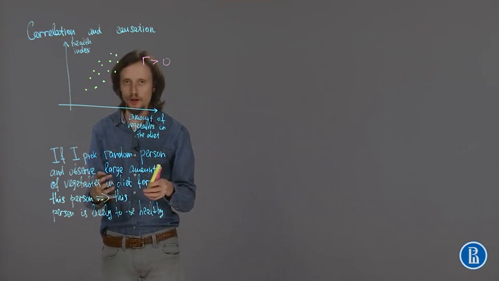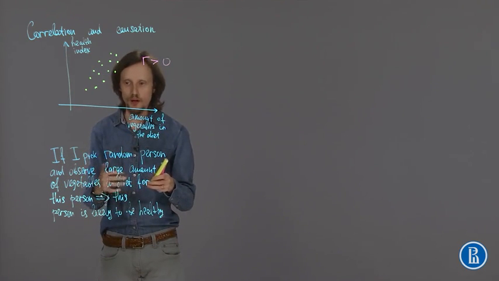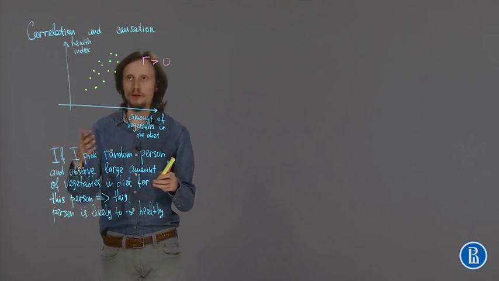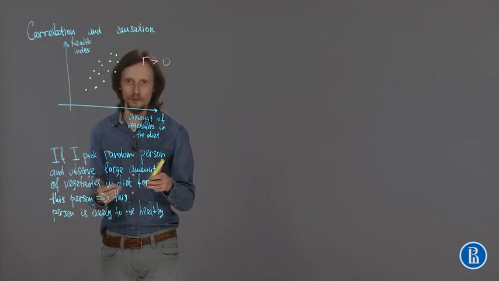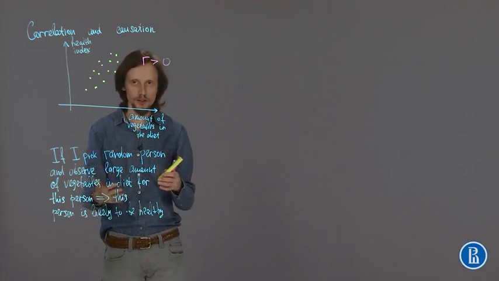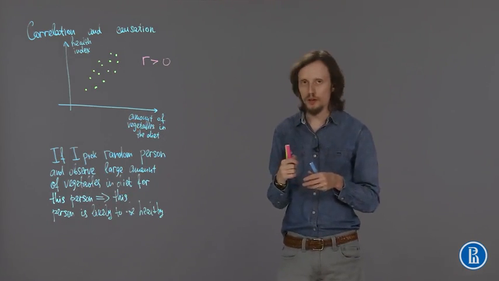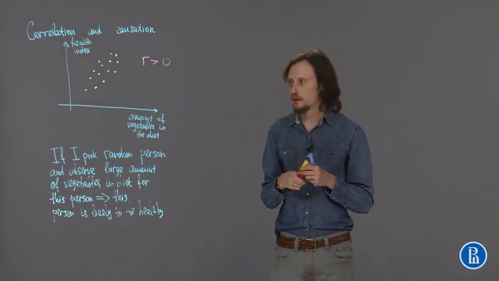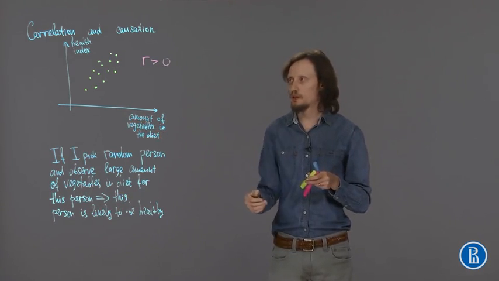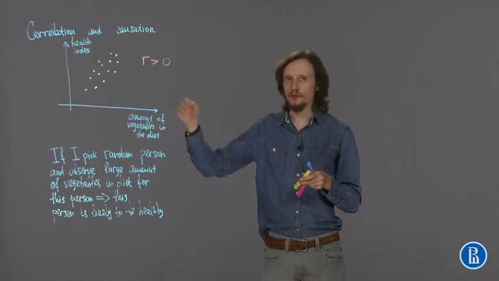To answer this question, I have to take into account possible causal relationship between these vegetables and this health index, which are not covered by just this correlation. Indeed, this picture can be explained in different ways. The first way, which is possible, is that the large amount of vegetables is a reason for large health index.